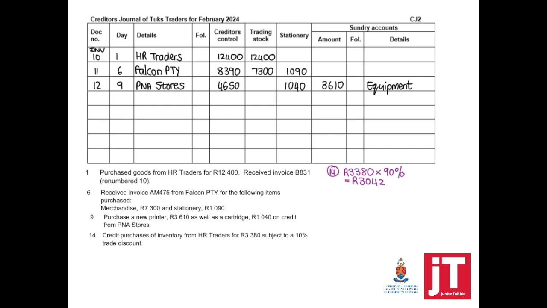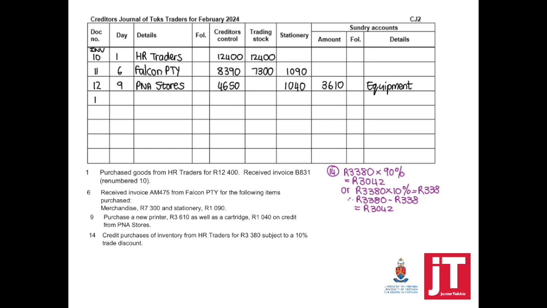The original amount is equal to 100%, so 100 minus the 10% discount, which means that we're only going to owe them 90% of the total. Or you could say 3,380 times 10%, but then you still need to subtract it. And take note, we get exactly the same answer.